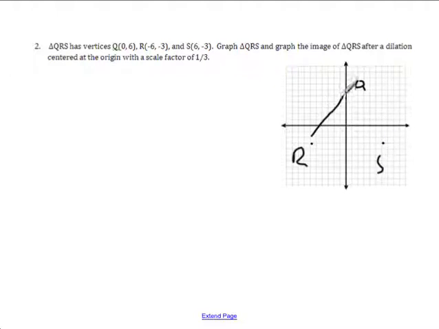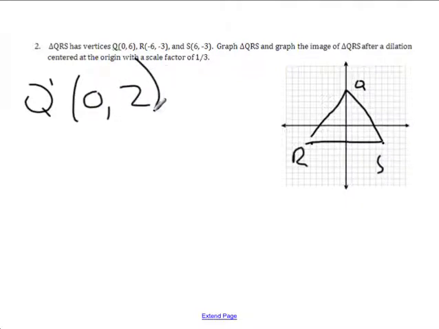So our scale factor we're going to use is 1/3. Whenever your scale factor is less than 1, a fraction or a decimal less than 1, we're going to actually be shrinking our shape instead of making it bigger. So Q prime, 0 times 1/3, or really that's the same as 0 divided by 3. Well, 0 divided by 3 is 0. 6 divided by 3 is 2.